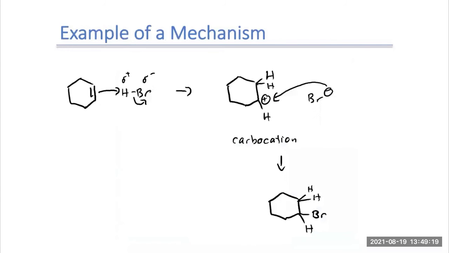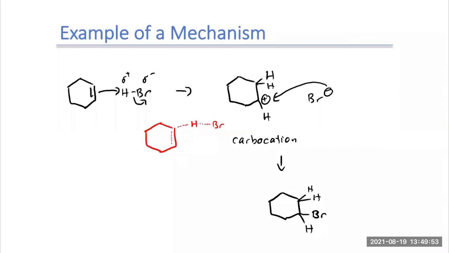So if we go back to our reaction and we go back to our mechanism, those transition states, that would be where the double bond is starting to break, so it's not a full double bond anymore. The bond to the hydrogen is starting to form, and the bond to the bromine is starting to break.